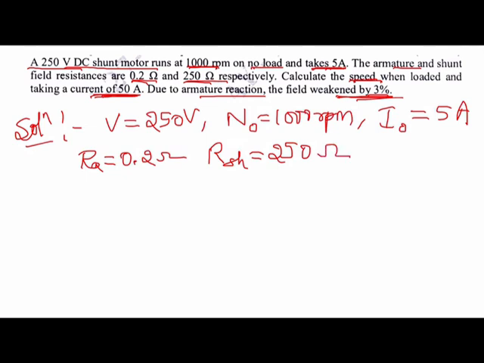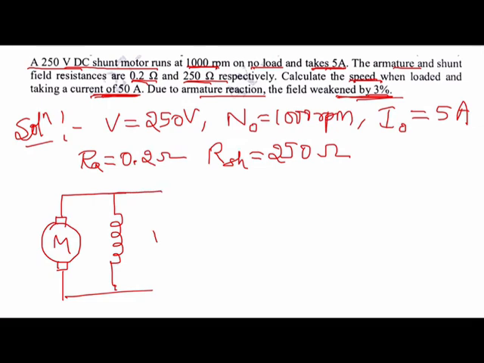So now we already know the simple representation of the shunt motor. Armature winding and field winding both are connected in parallel. So this is the applied voltage to the motor.